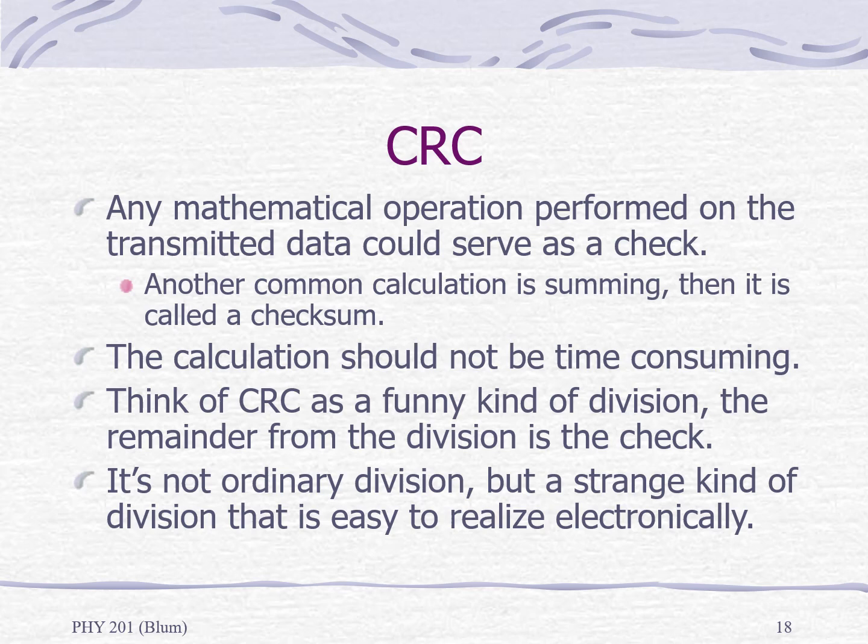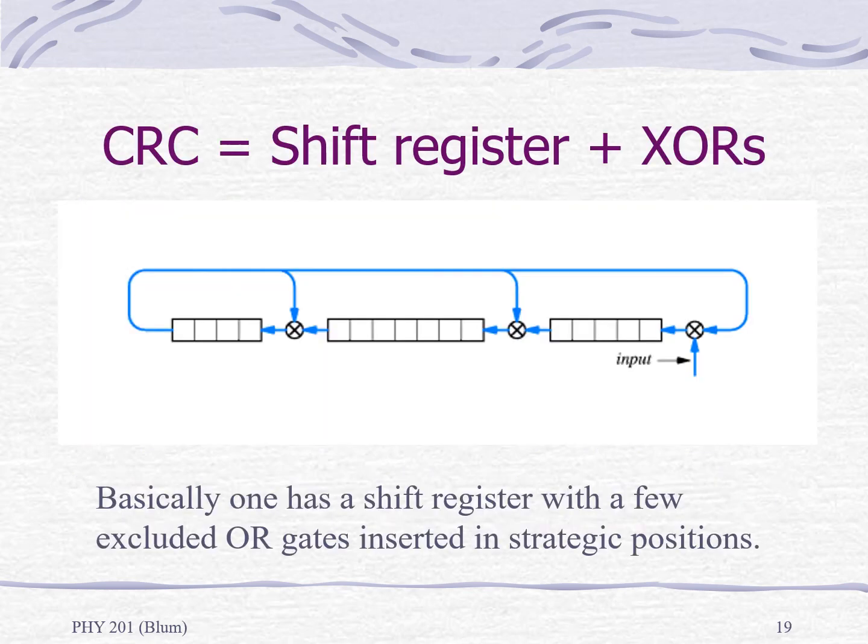And then basically it's maybe the remainder of this division that is the check, but it's not ordinary division. Instead of doing something complicated like division, we just do something that's division-like, but that is easy electronically. So CRC is a shift register plus some exclusive ORs.